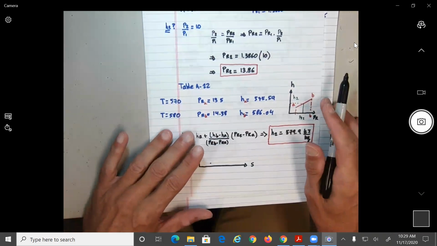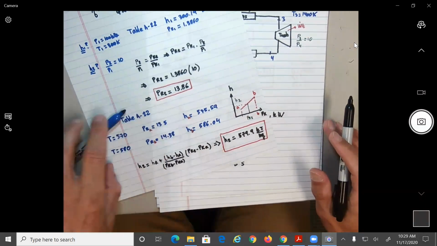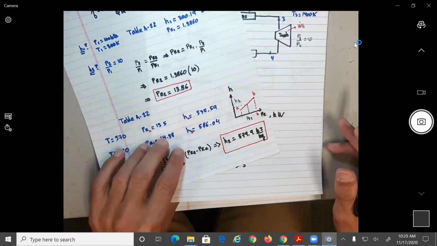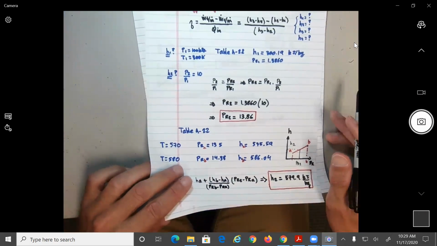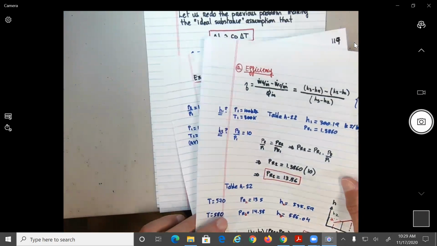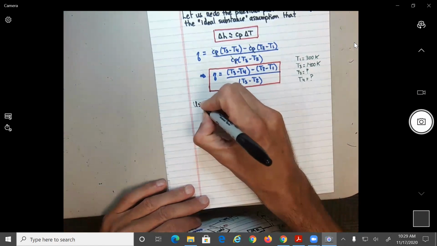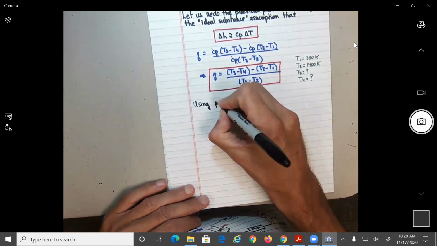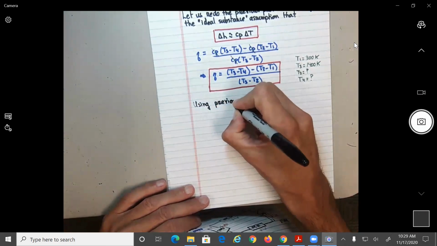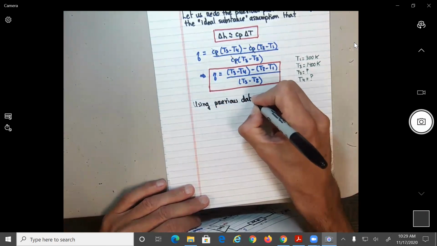So what is T2? You tell me 574? Okay, so using previous data.